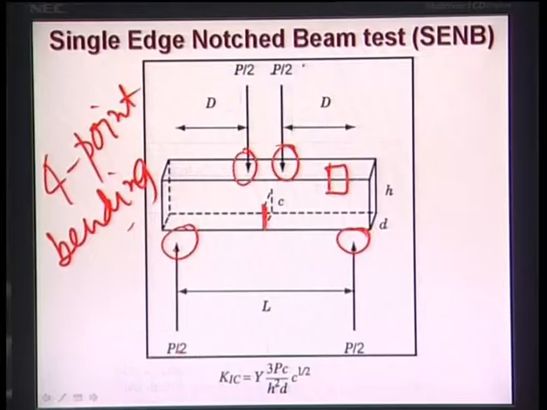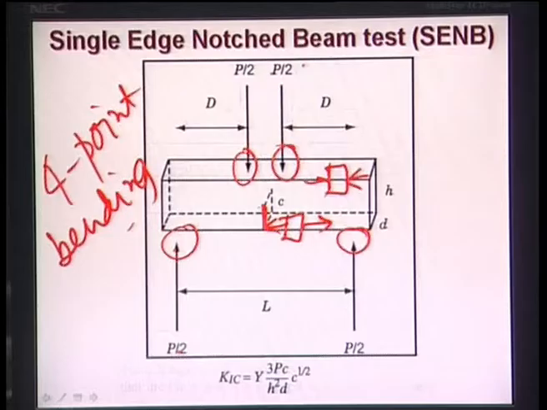So any volume element you take here will be under compression. The tension surface will always be under tension. The surface opposite to the loading surface is always under tension, while the loading surface is always under compression, and the tensile stress enhances crack propagation, or triggers the crack propagation in the material.